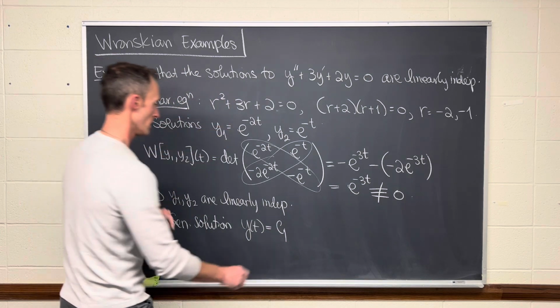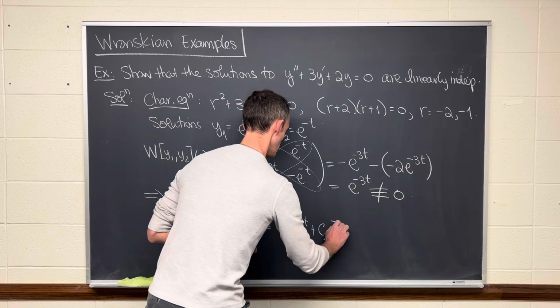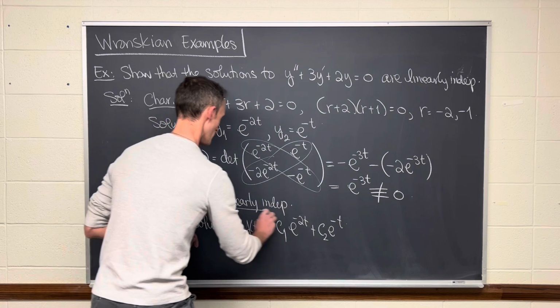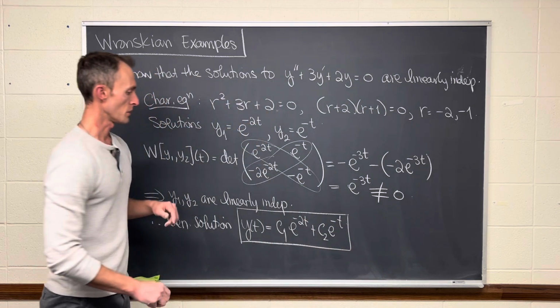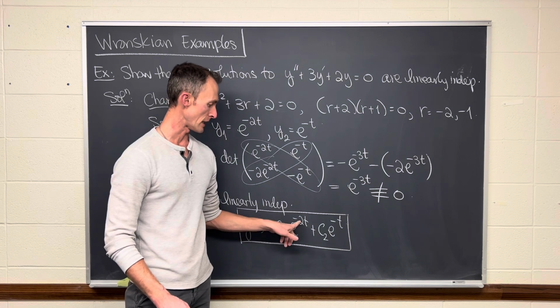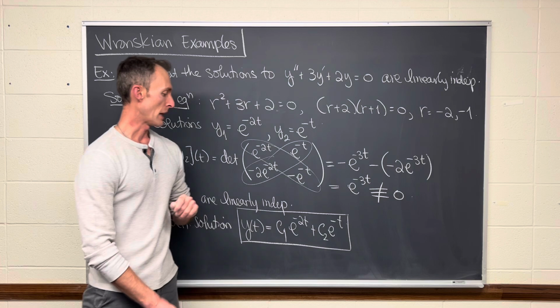Y1 was this guy, so e to the minus 2t plus c2 e to the minus t. That was y2. And there is my general solution, which is given as a linear combination of the linearly independent functions e to the negative 2t and e to the minus t, both of which are solutions to my ODE.